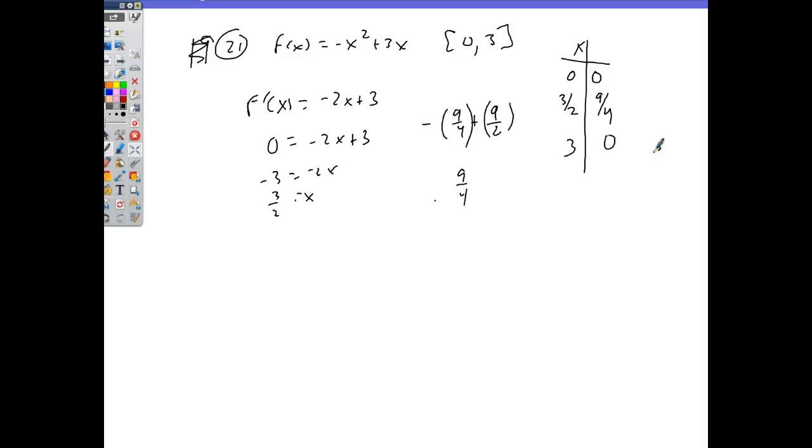At x equals 3 halves, we have an absolute maximum, because we've eliminated all the other possible places. At x equals 0 and 3, we have an absolute minimum.